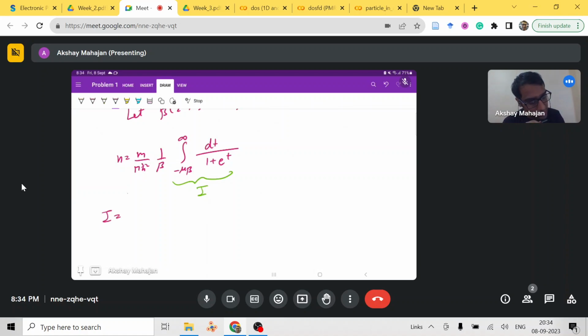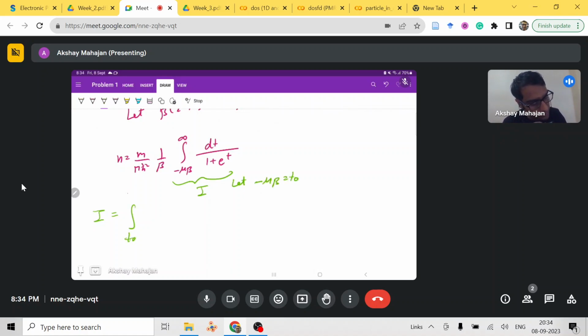So I will be equal to, let me do it in this green here, and let this minus mu beta be equal to some t naught.